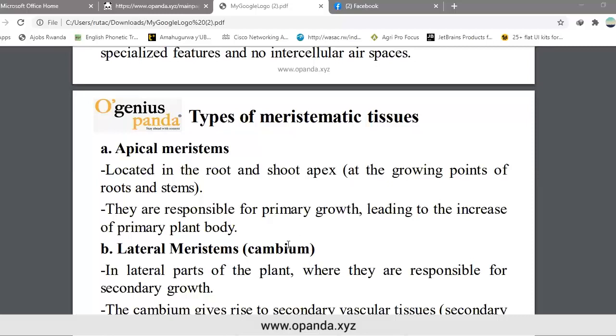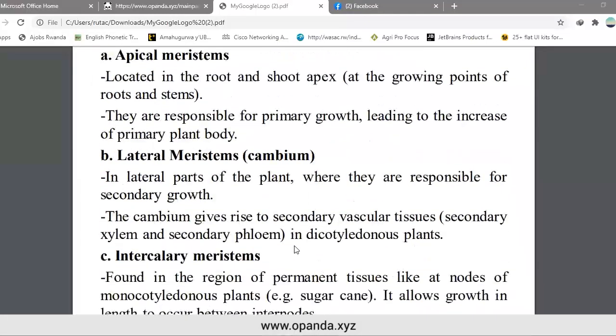We have lateral meristems, cambium, in lateral parts of the plant where they are responsible for secondary growth. The cambium gives rise to secondary vascular tissues, or secondary xylem and secondary phloem, in dicotyledonous plants.